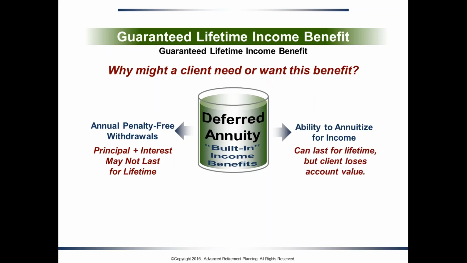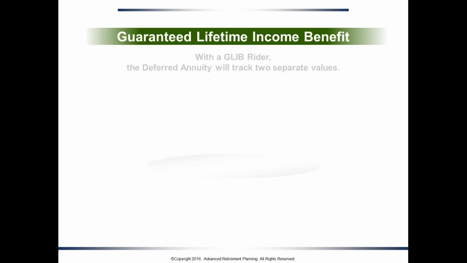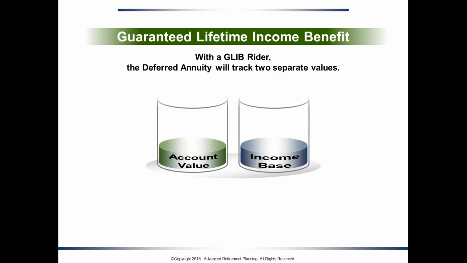That will give lifetime income, because you can annuitize any annuity on a life or various life options, but the client loses account value control, because there is no account value with an annuitized contract. They get the income, but they don't have an account value. The guaranteed lifetime income benefit bridges this by providing guaranteed lifetime income while still retaining an account value that the client is in control of. That is the key issue around these types of benefits.